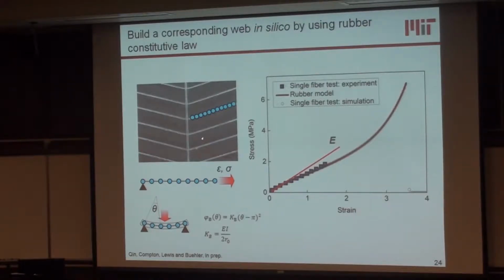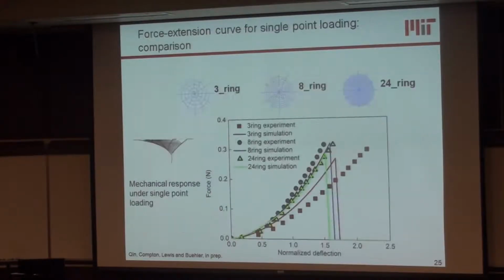In the experiment, they only did initial stretching, limited by the boundary condition, so they didn't stretch the fiber until its rupture. It only goes to here, but you can see a good agreement between our model and the experimental measurements for this material.